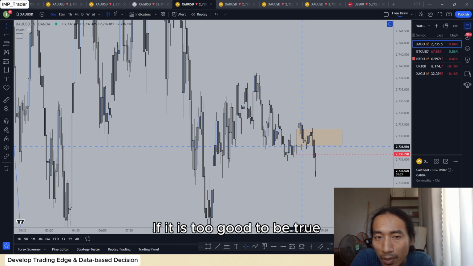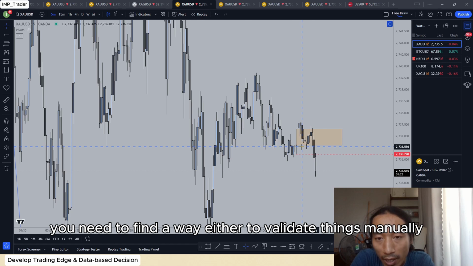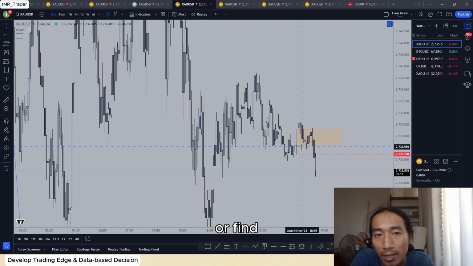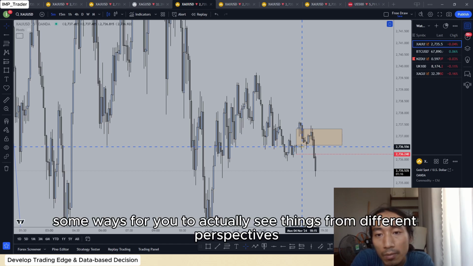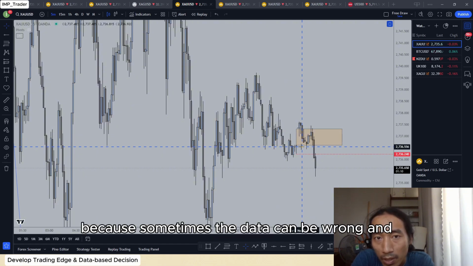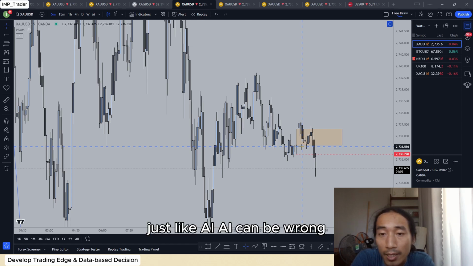is that if it's too good to be true, you need to find a way to either validate things manually or see things from a different perspective, because sometimes the data can be wrong, just like AI can be wrong.